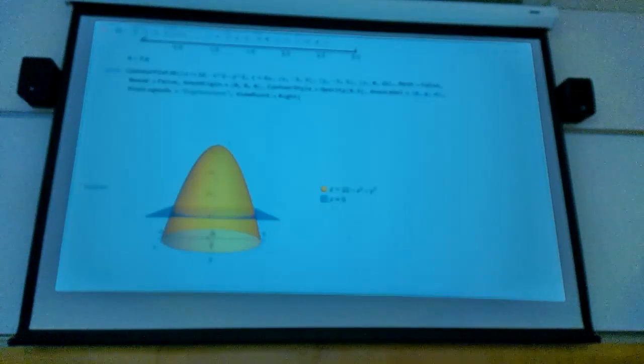From here, I can adjust it just a little bit, just a tiny bit. Maybe do something like that.